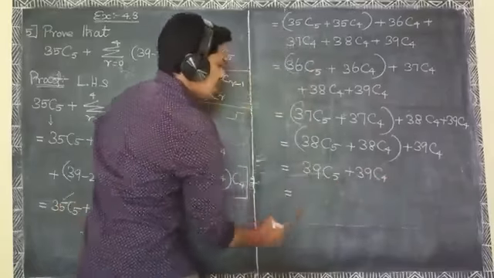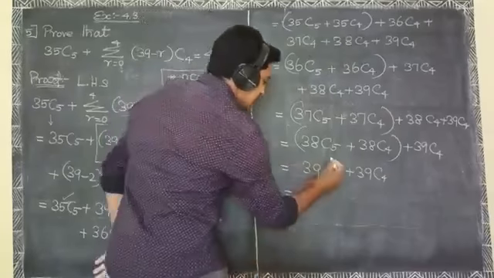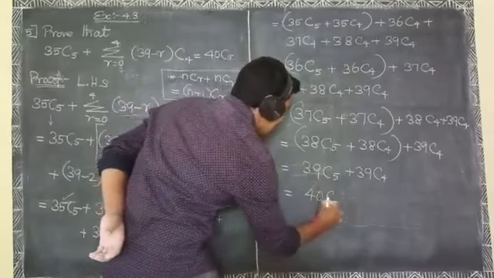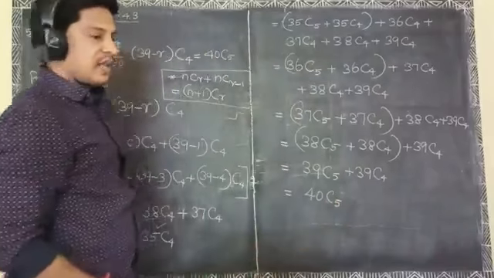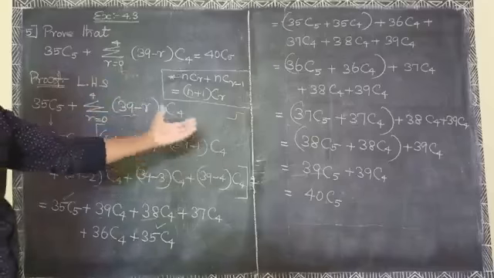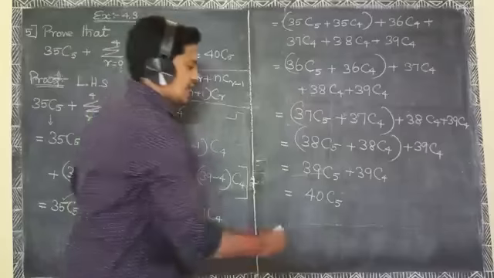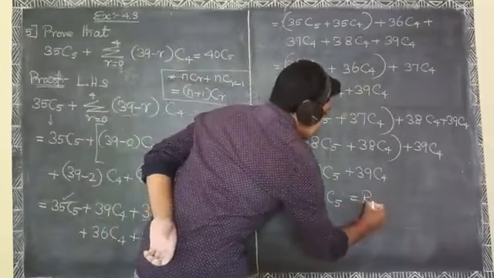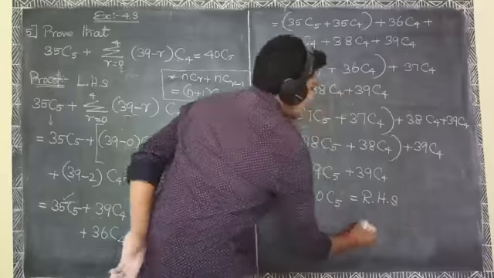Again using these properties, that is 40C5. We take the left hand side and now get the result, the RHS. LHS equals RHS. Hence proved.